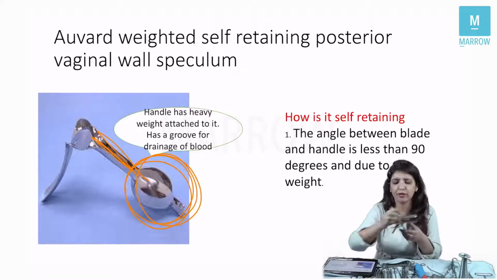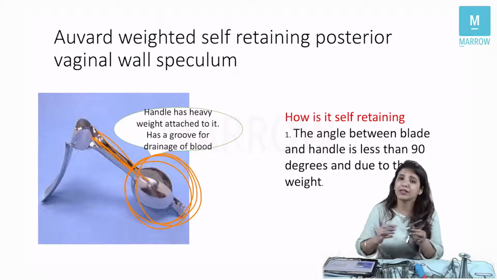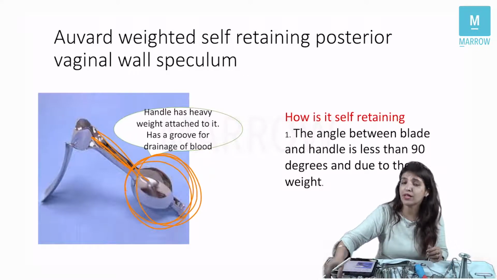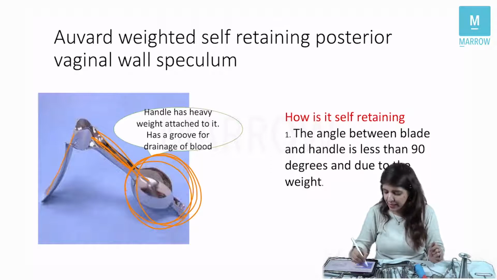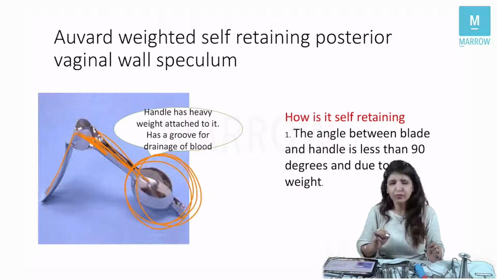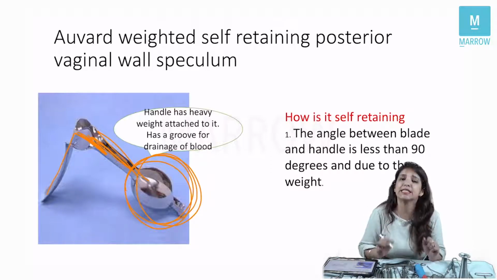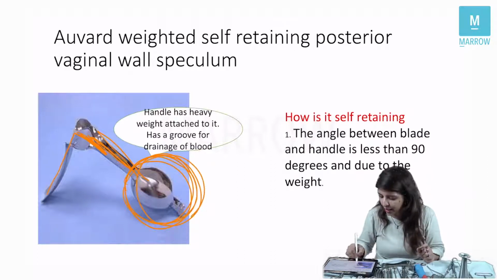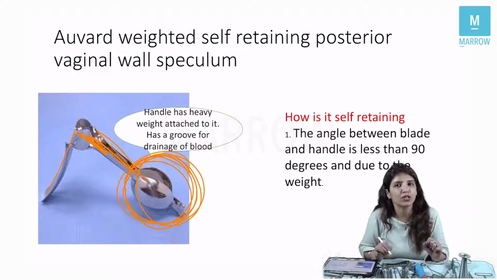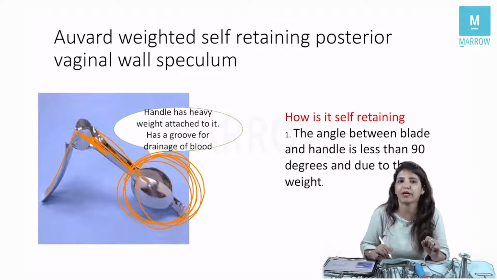Cusco's was self-retaining because it had a screw, but this doesn't have a screw. How is it that it is self-retaining? Number one, because the angle which the blade and the handle make is less than 90 degrees, and it has weight attached to it. Both these features make Ward's speculum a self-retaining speculum.